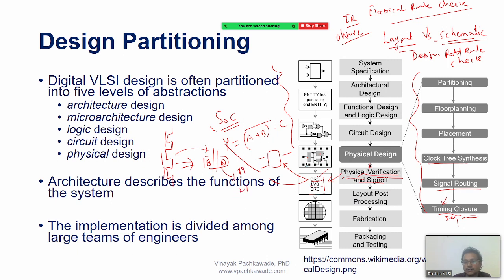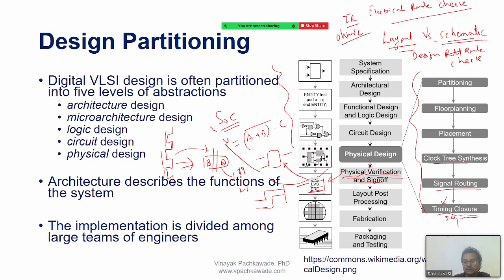When you run the LVS, it will show some error. ERC is, when you draw the metal routing to connect each of these transistors and make the connections in the circuit, it shows the electrical errors, such as ohmic drops, IR drops, and all these things.